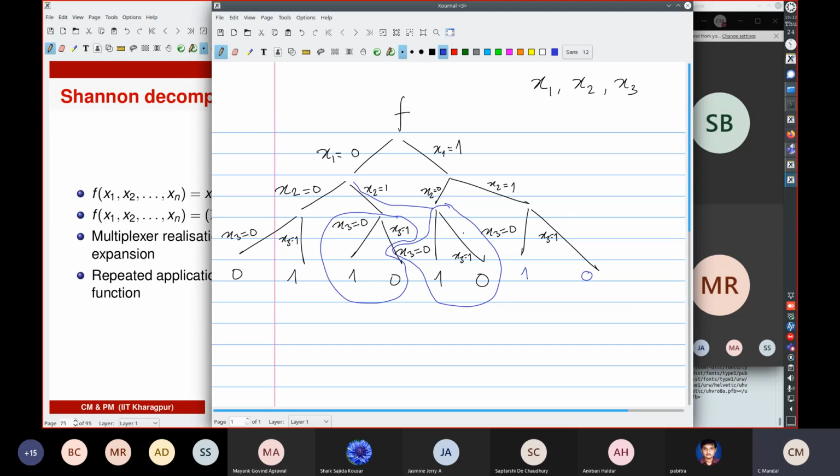Similarly, for complementary functions also you can have this kind of reduction. So you're expressing the function f as a decision diagram. In fact, because the decisions are binary, it's also called a binary decision diagram.